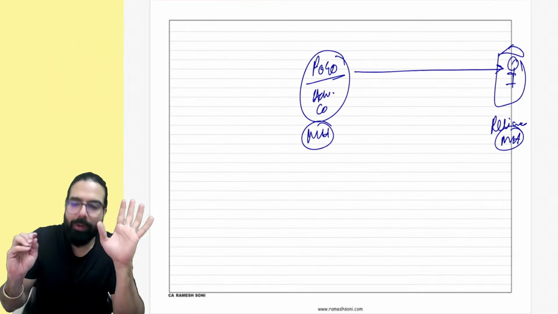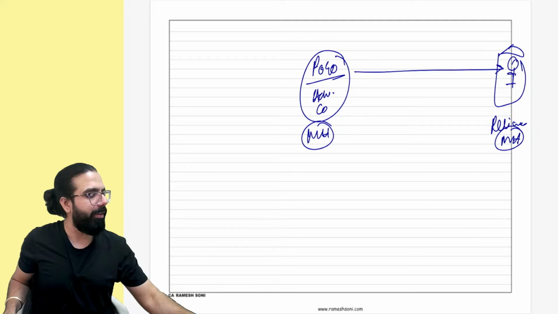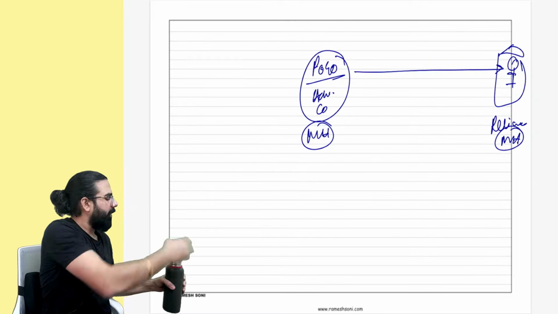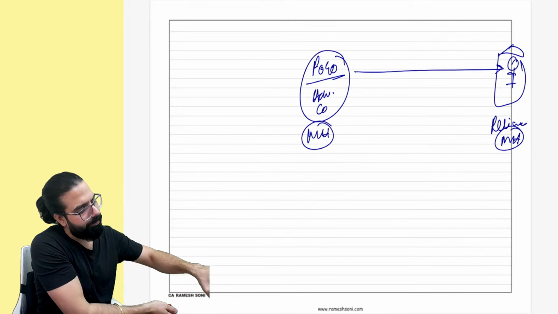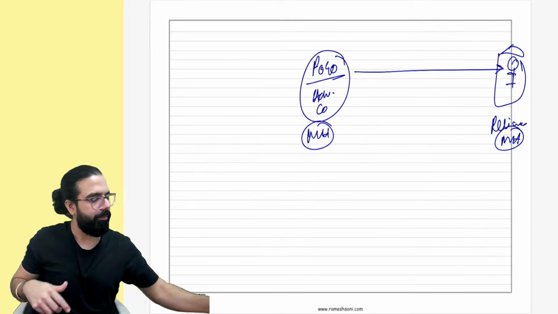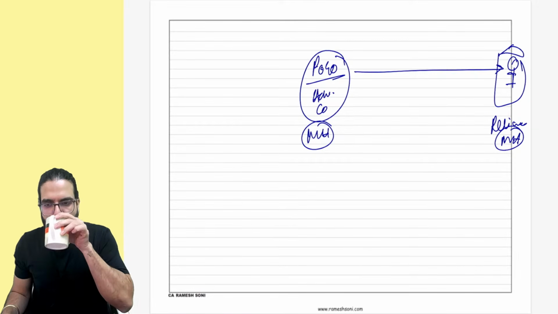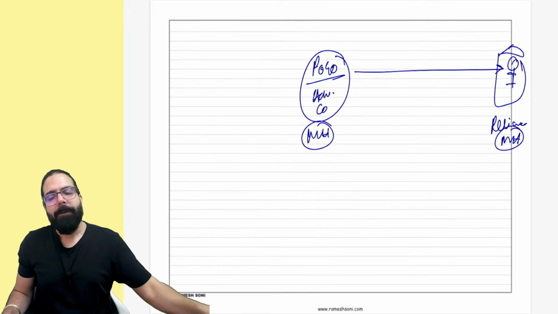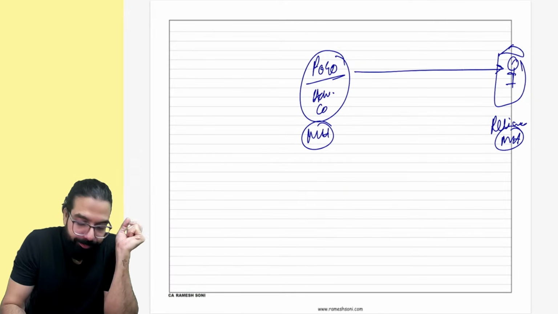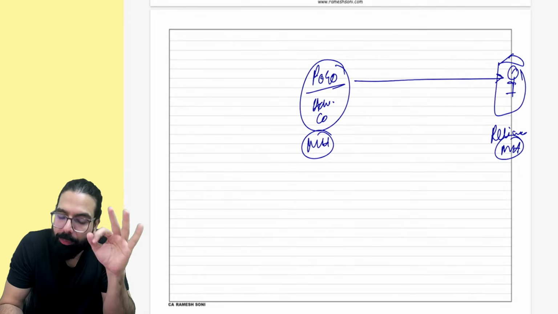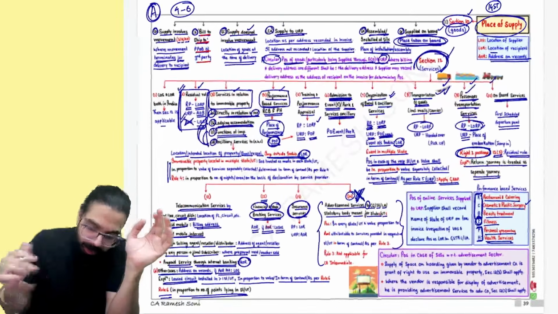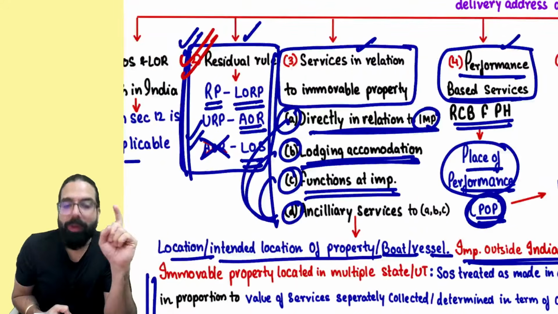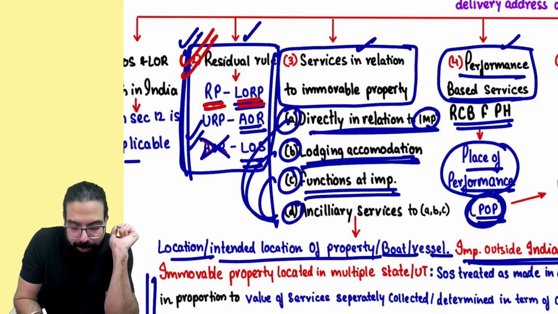But I am telling normal advertisement service, which section will be applicable? Can you guys tell me? In this scenario, because it is not an advertisement service given to the government, you will apply the general rule, which says given to a registered person, location of the registered person.